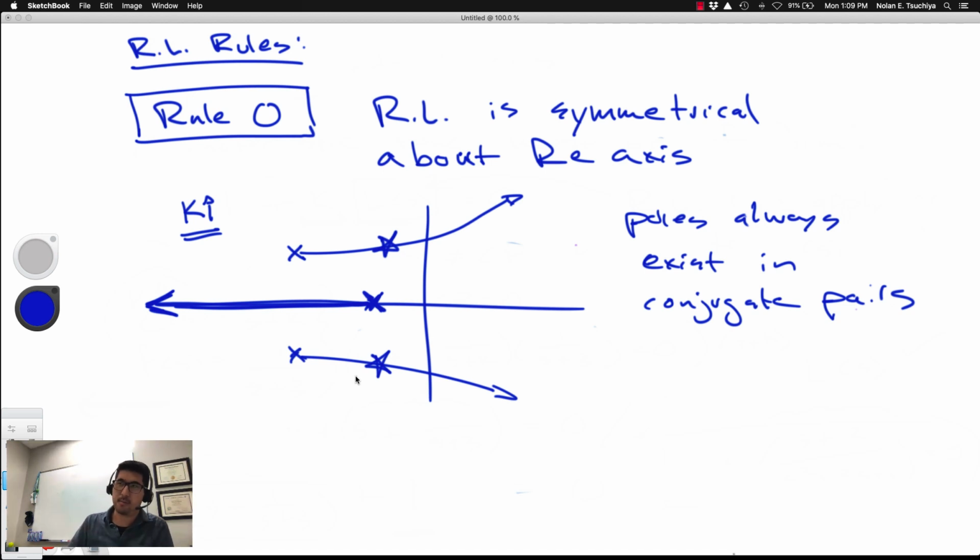So poles are always complex conjugates if they have an imaginary component, and if they're on the real axis, they're just on the real axis. So for that reason, you're always going to have a root locus plot that is symmetric about the real axis. So that's rule 0.